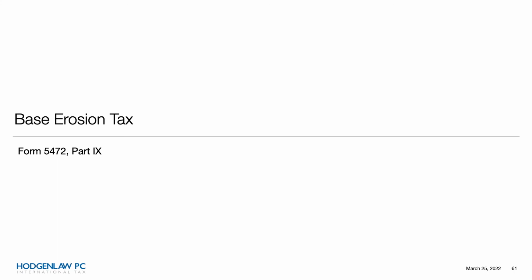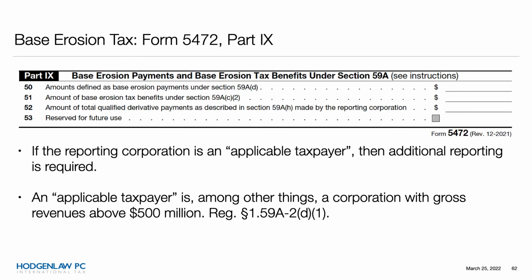And the final thing here is our friend Mr. Base Erosion Tax. And this is part 9. It was part 8 last year, before the cost-sharing arrangement part was stuck in there. The important thing for you to know is this only starts to apply, and you only fill in this gap, when you have a, quotes, applicable taxpayer.